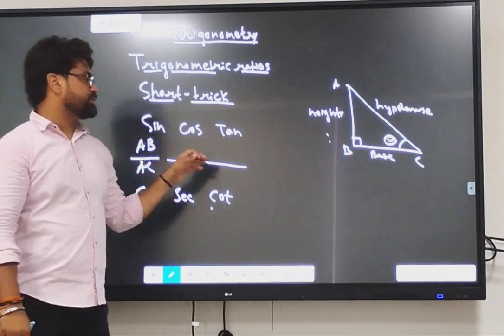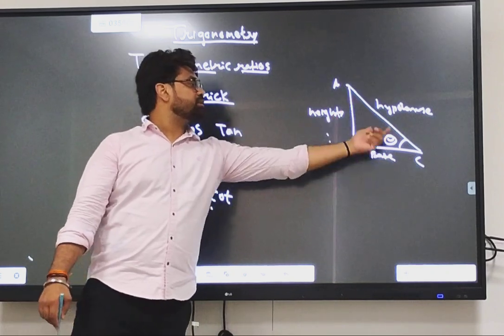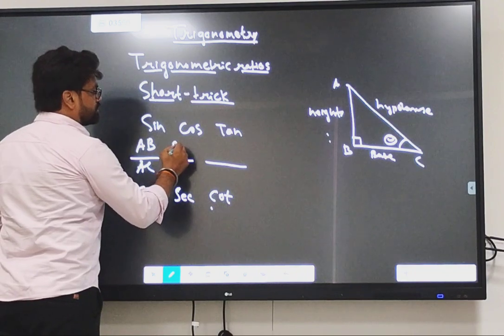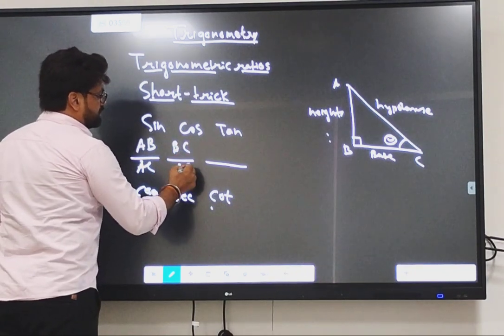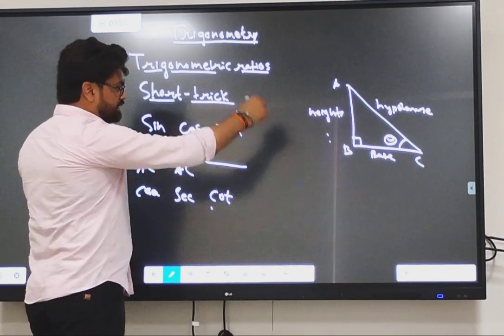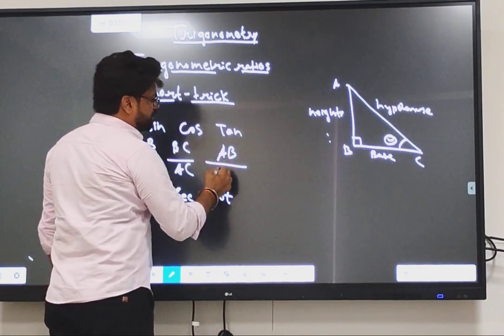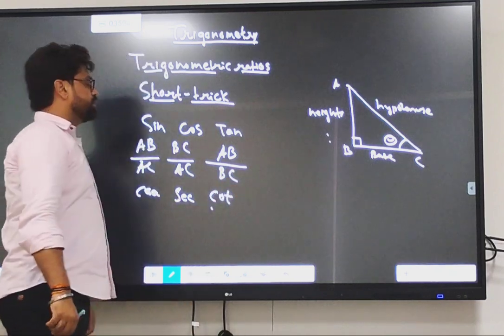Now cos is base upon hypotenuse, that will be BC upon AC. And now we have tan, that is height upon base, that will be AB upon BC.